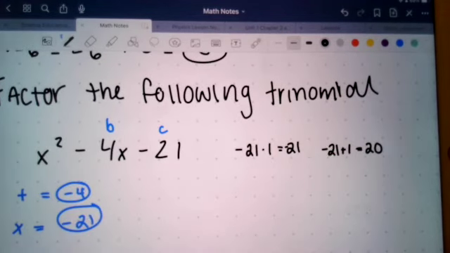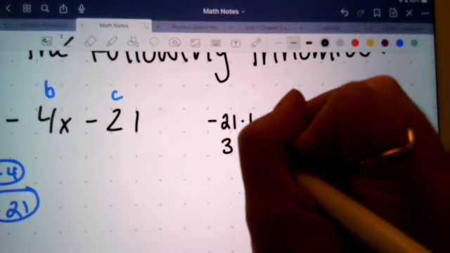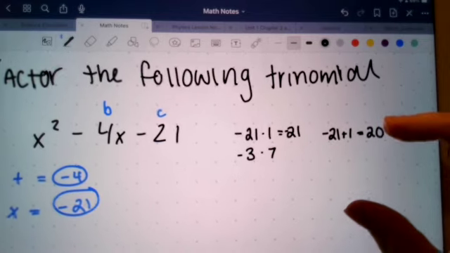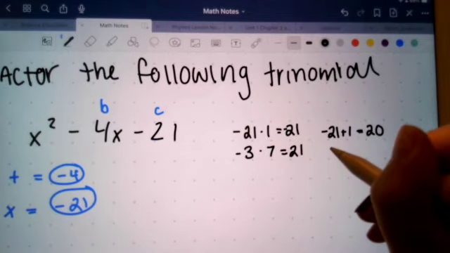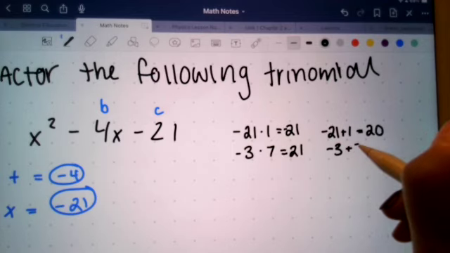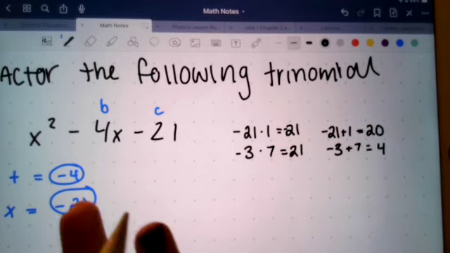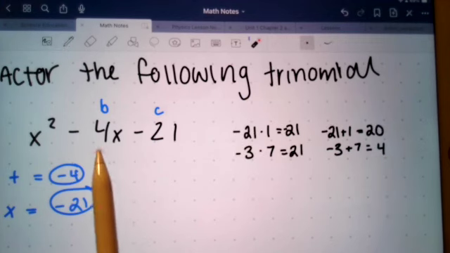So I'm also going to go, okay, the next one that I can think of for 21 is 3 and 7. And I'm going to make the first one a negative value just because I can, and that equals -21. And then I'm going to go, okay, so -3 plus 7 is equal to 4. Wait a second, I'm close. So now I can see that my value of 4 here is positive, and I need a -4 value.